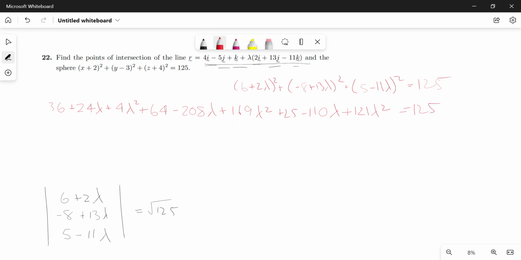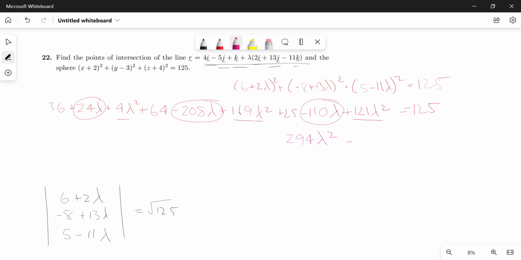So if we put our lambda squareds together first, we've got 4 lambda squared, 169 lambda squared, 121 lambda squared, which is 294 lambda squared. If we're looking at our lambdas, we've got 24 lambda minus 208 lambda minus 110 lambda.